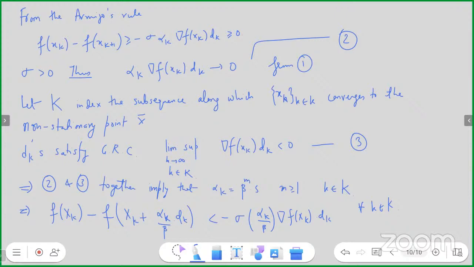How do we get lim sup of gradient times dk less than 0? Like the third equation. So gradient of f of x bar times the limit of dk is also less than equal to 0. Okay, multiply with the negative constant will get positive. Yeah, but what is this equation telling you is the question.